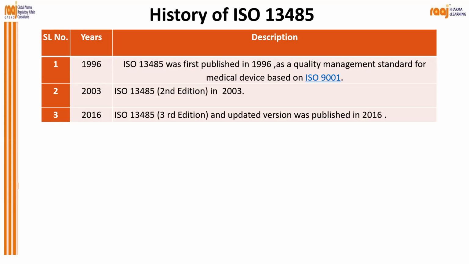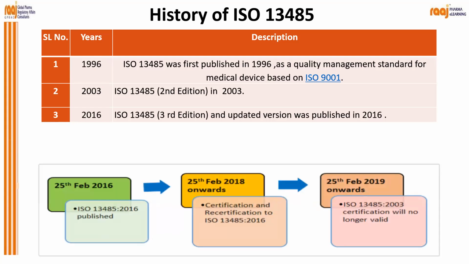Once you understand the basic standard of ISO 9001, the 2015 version is now available. From 1996, ISO 9001 is 2015 and ISO 13485 is 2016. In ISO 13485, the second edition was published in 2003, and after that the third edition was published in 2016.